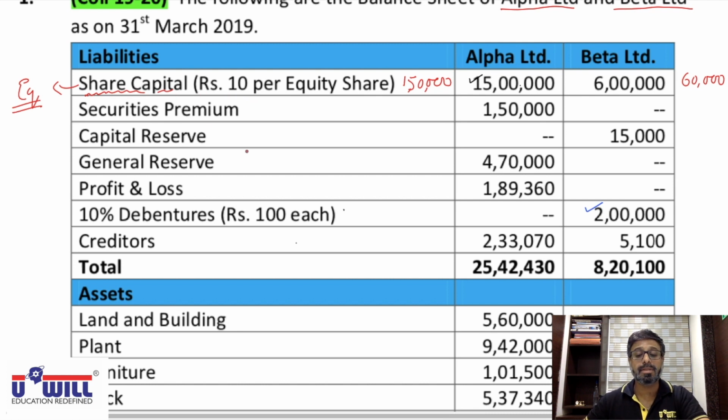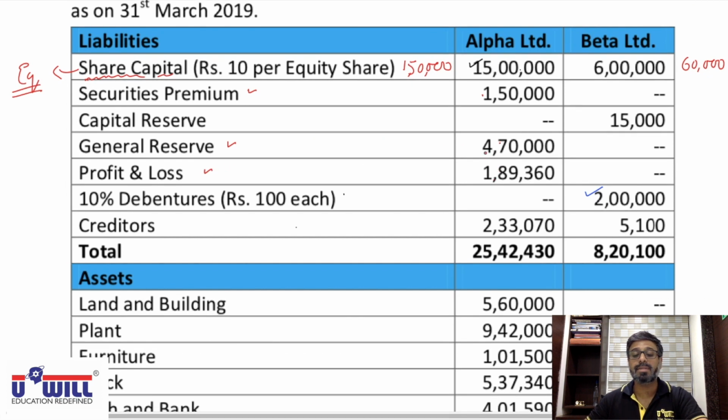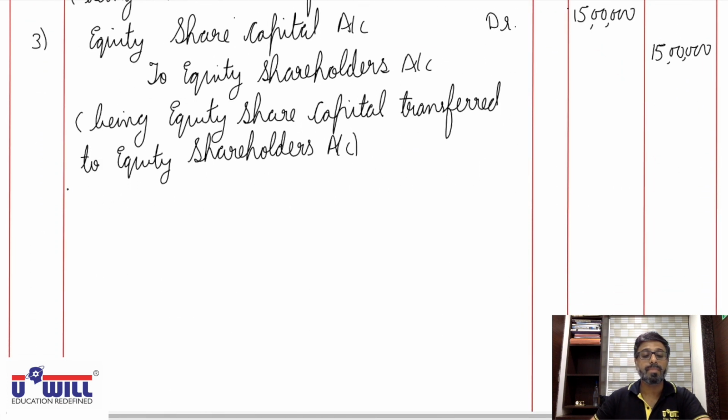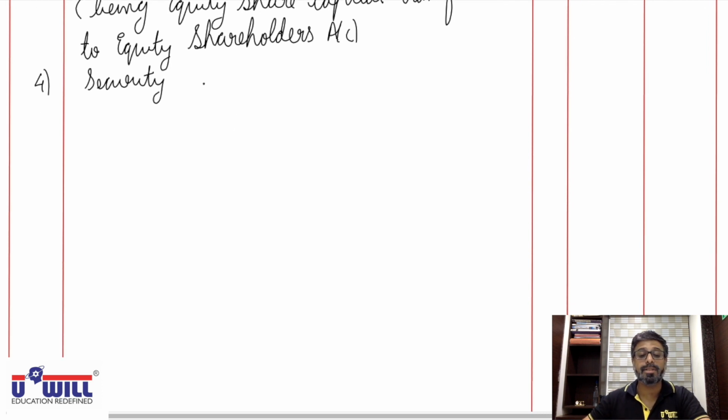Next is reserves. Now in reserves we have security premium in the books of Alpha, capital reserve is not there, and we have general reserve in the books of Alpha and profit and loss account. Okay. So 3 reserves are there: security premium, general reserve and profit and loss account. Now reserves have credit balance, to close it we reverse and debit. So security premium account debit with 1,50,000.